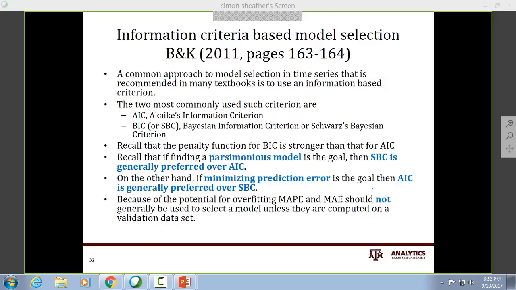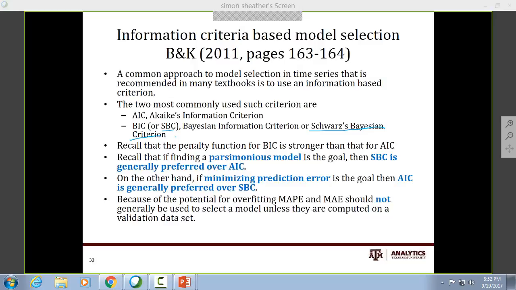Let's fit every model up to this order for AR and up to another order for MA, and let's order those models in terms of AIC or BIC. Now, in time series, people typically call BIC SBC, after the fellow Schwartz who wrote the original article. They're exactly the same thing. Schwartz's Bayesian information criterion.